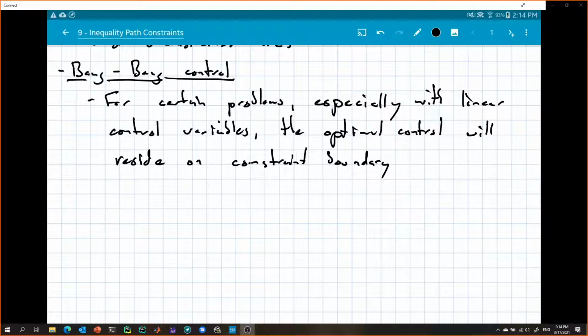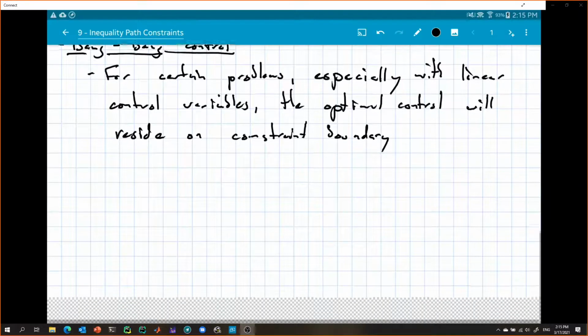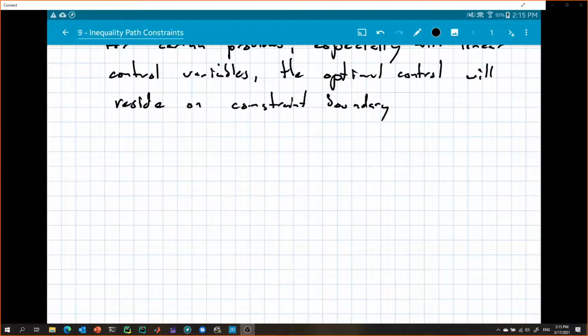If you have a linear control, it's likely that you're going to want to maximize it or minimize it, because it corresponds to the states in a linear way. That chance is much higher than if you have some control that doesn't interact with the states in a linear way.